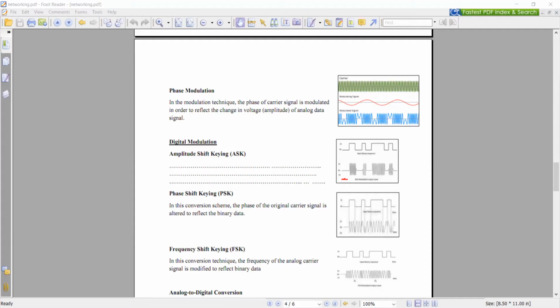In this conversion technique, the amplitude of the analog carrier signal is modified to reflect binary data.